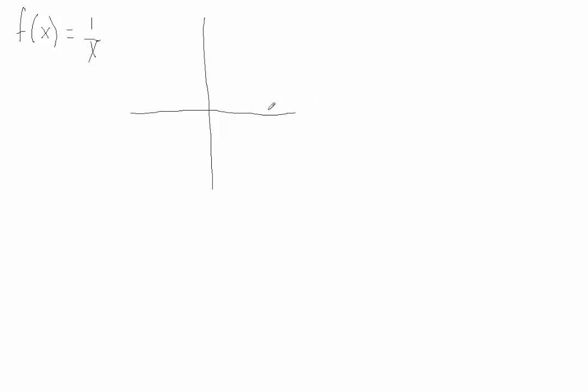So as x gets very, very large, the function values are getting very, very small. In fact, they're getting closer and closer to 0 without ever getting to 0. And this graph happens to look like this.